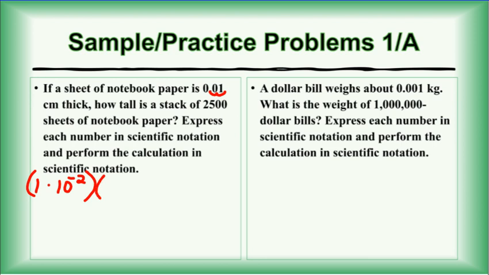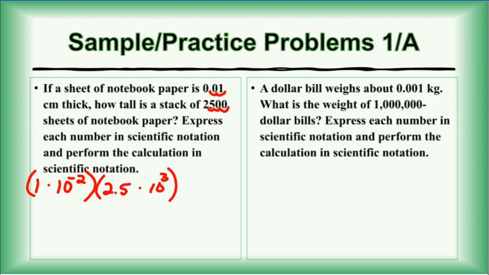The other one, 1, 2, 3, so I got 2.5 times 10, and I moved it 1, 2, 3 places to the left. So it's 2.5 times 10 to the third. And then we multiply to find out how tall is the stack of those sheets.